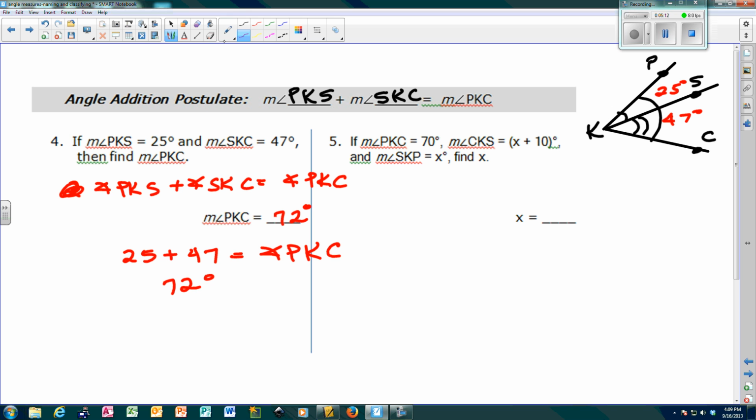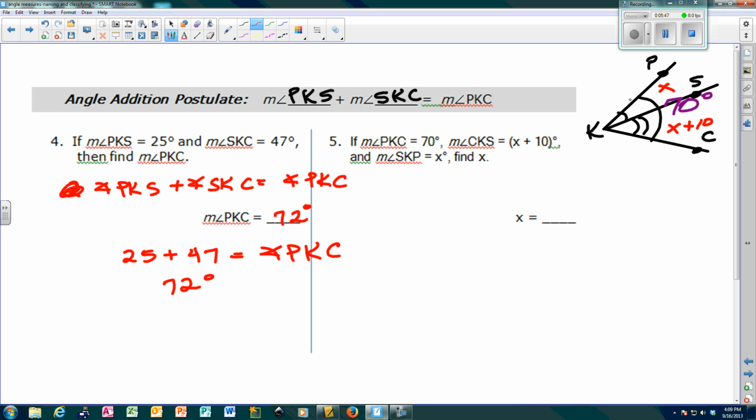All right, so now I'm going to erase this so that I can use the picture again. I'm going to erase those marks there. Now it says if the measure of PKC, the whole thing, is 70 degrees, I'm going to put the whole thing as 70 degrees. CKS is this bottom piece down here, so CKS is x plus 10, and then SKP, this piece up here, is x.